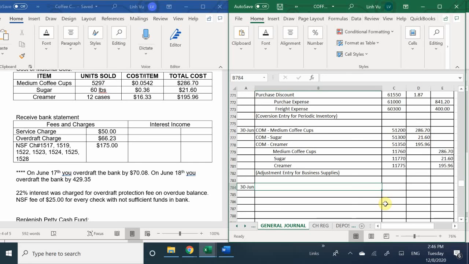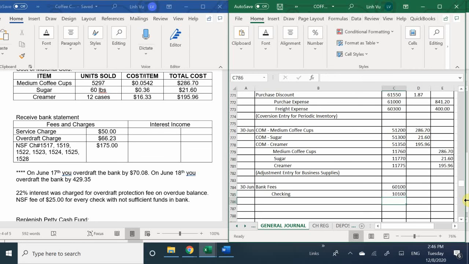Bank fees, that is correct. And that's 60100. And then they're going to come out of checking, correct. They already charged us, so we need to make our adjustment to our checking account.